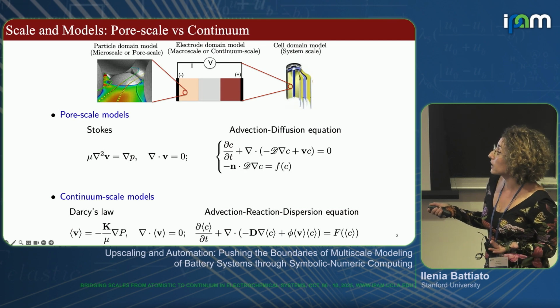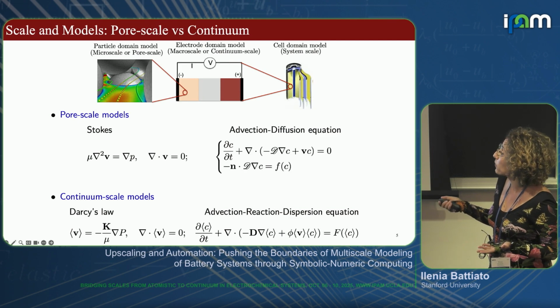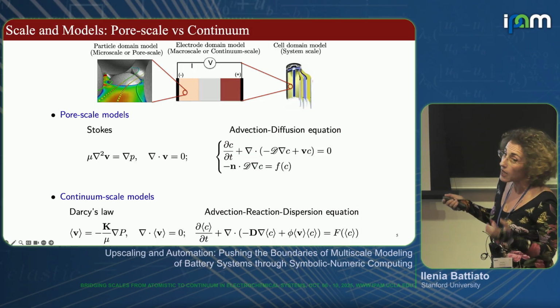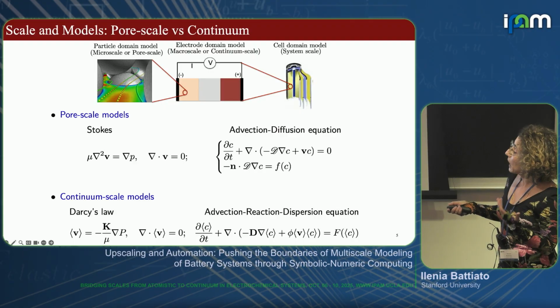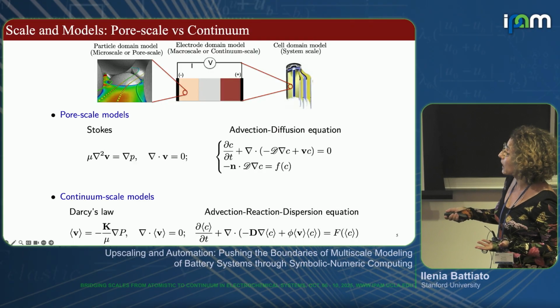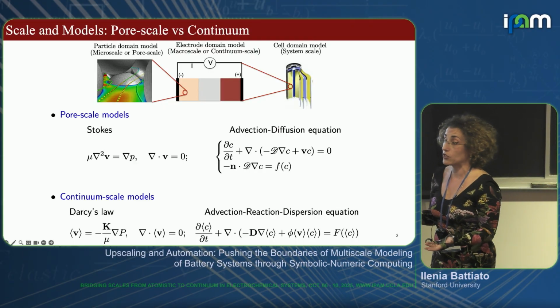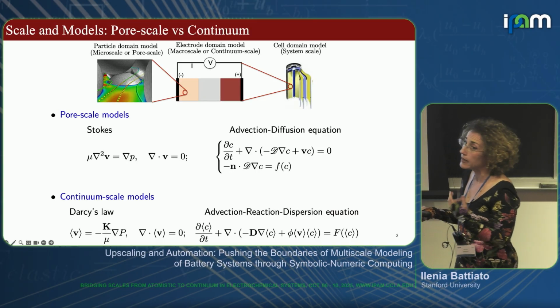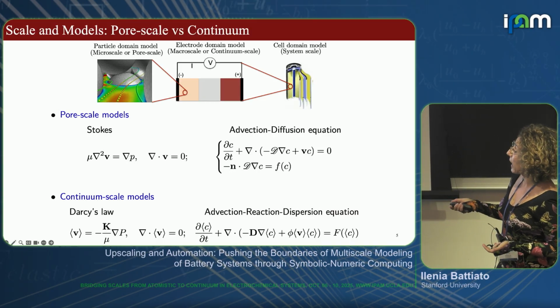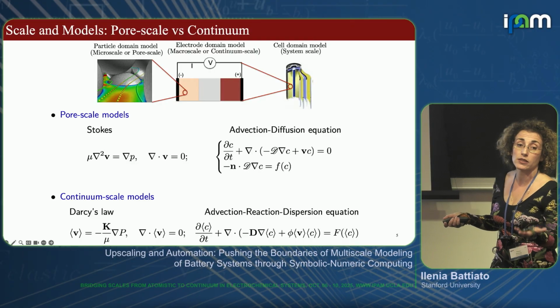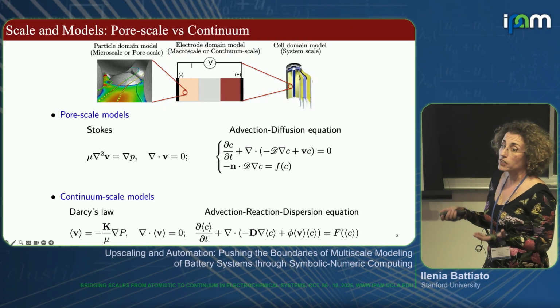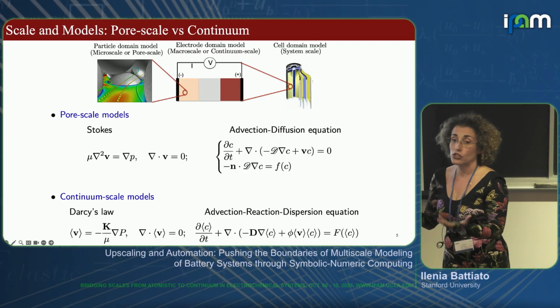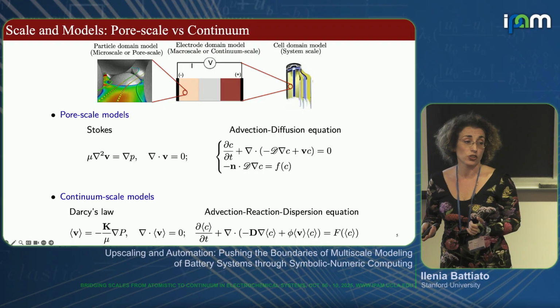Here we would be calculating point-wise velocity, pressure and concentration inside, let's say, the liquid phase that fills this pore, while at the continuum scale we are solving for the spatially averaged quantity. And then the other part is that at the continuum scale we have effective parameters, okay? These effective parameters emerge as a result of the scale translation procedure.